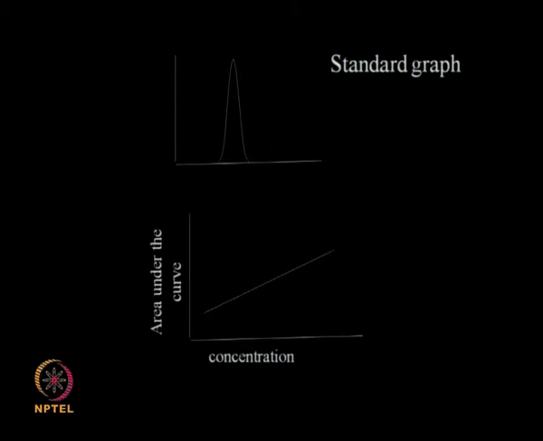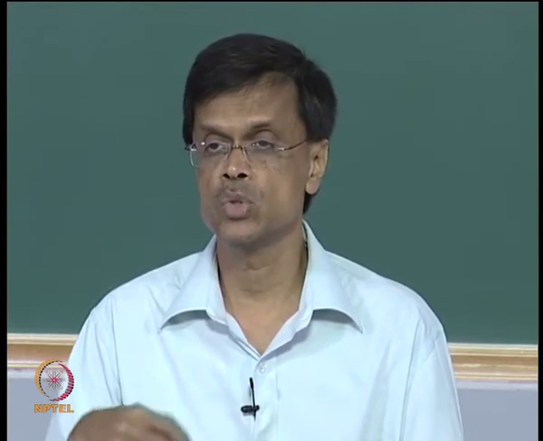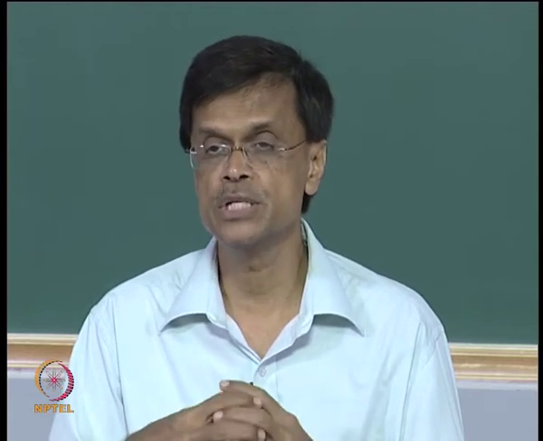So this is how you measure or estimate the concentration of the component in your mixture. So HPLC is extremely powerful to do both these operations. It can tell you whether a particular compound is present, or it can also tell you how to determine the concentration of the component.